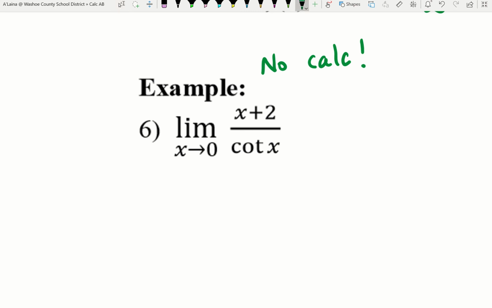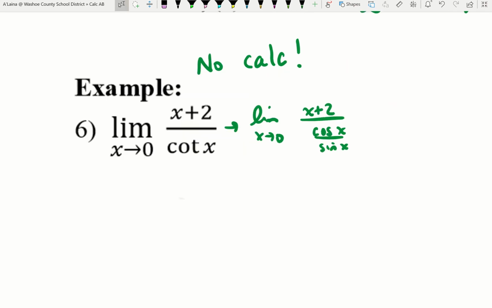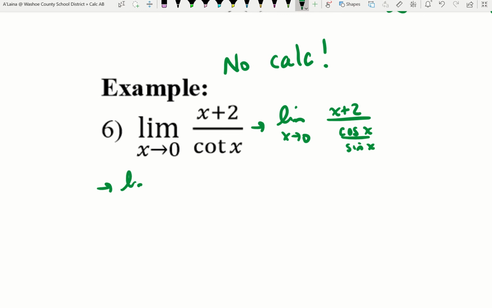That might be a little bit easier if we remember that the expression cotangent is really cosine over sine. And since we're dividing by that, we could think of this as the limit as x approaches 0 of the expression x plus 2, and I'm going to recognize that when you divide by a fraction, it's the same as multiplying by the reciprocal, so sine over cosine.